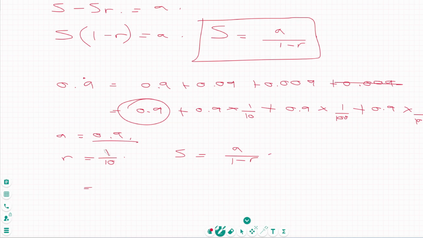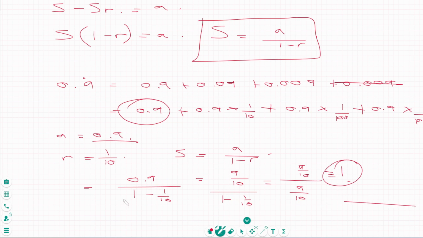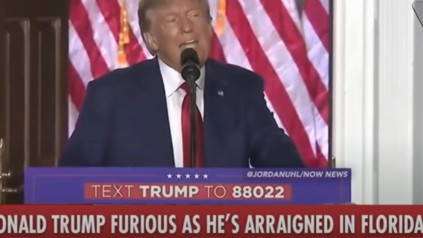So that's 0.9 over 1 minus 1/10, or 9/10 over 1 minus 1/10, or 9/10 over 9/10, which is 1. QED. We did it. I did everything right and they indicted me.